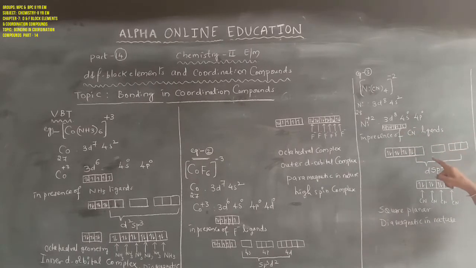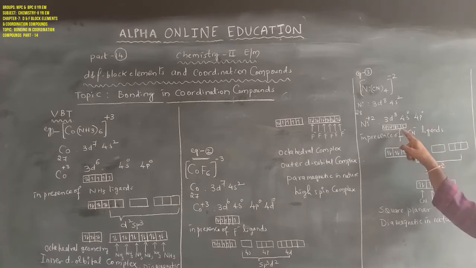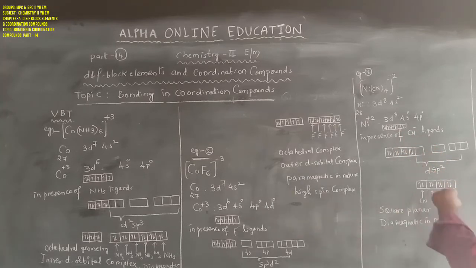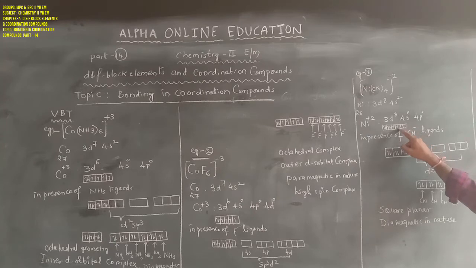In the presence of cyanide ligands, the inner (n-1) d orbitals are influenced. As a result, the unpaired electrons can be paired up. The 8 electrons in the d orbitals are paired as 4 pairs, against Hund's rule, because cyanide is a strong ligand.